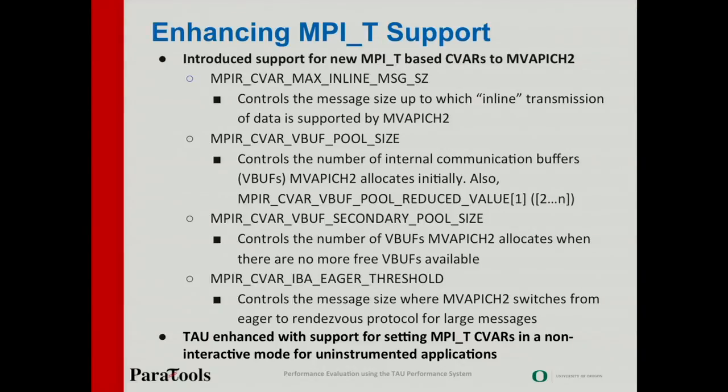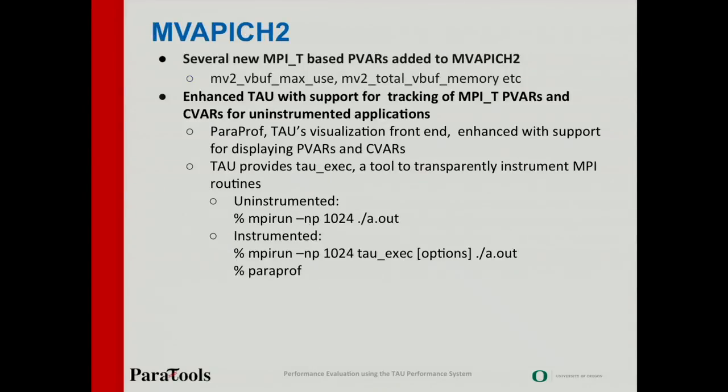Can I set my message size for the MPI runtime so that it's just a little bit higher than the average, and I might be able to get better performance in that case? So there are various knobs that you can turn, and now TAU is enhanced with support for setting these CVARs in non-interactive mode for the applications.